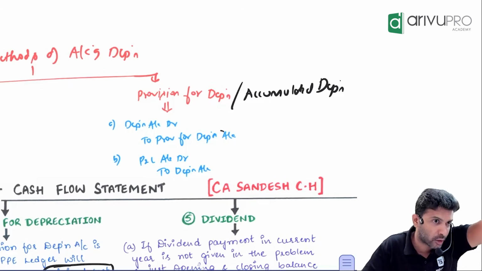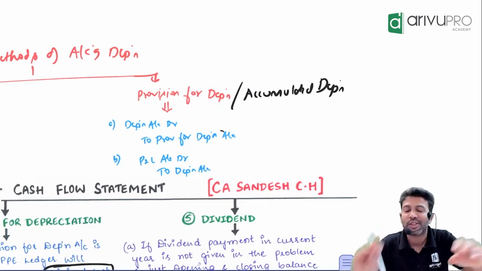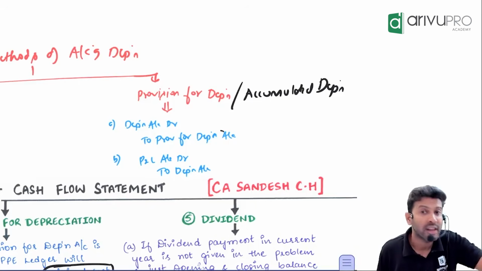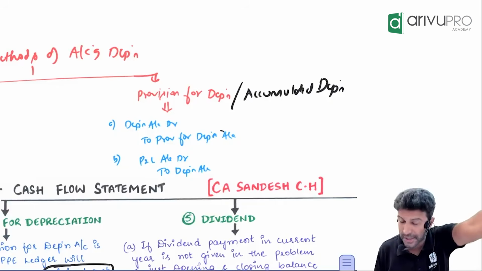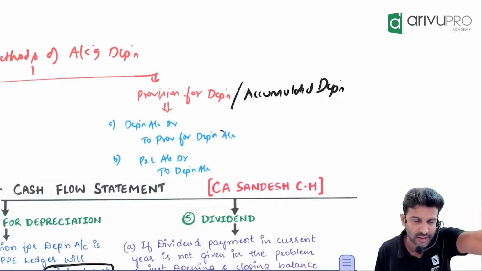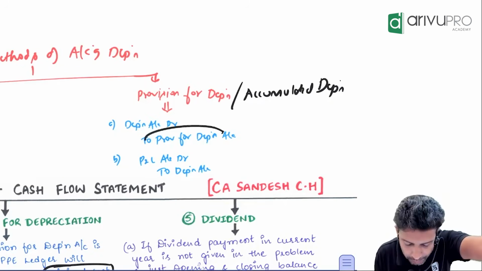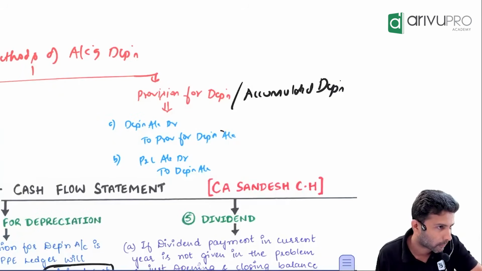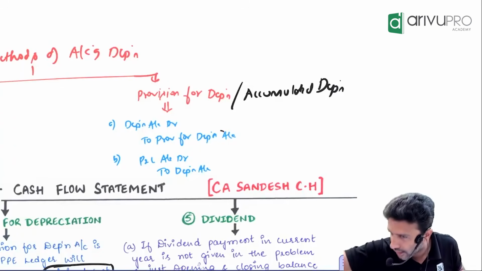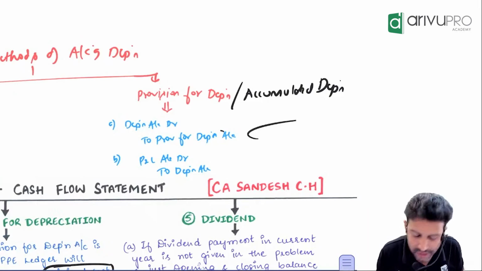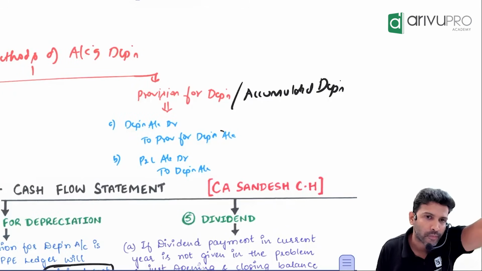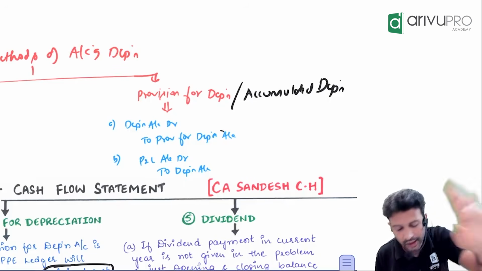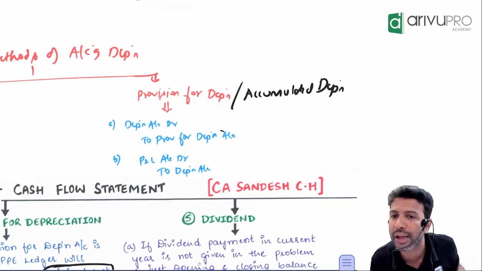We learnt yesterday only, no? So whenever the asset is derecognized, whenever the asset is cancelled, that asset's provision for depreciation should be cancelled. Once again, as long as the asset is there, provision for depreciation also will continue. If that asset is cancelled from your books, then that asset's provision for depreciation also should be cancelled.